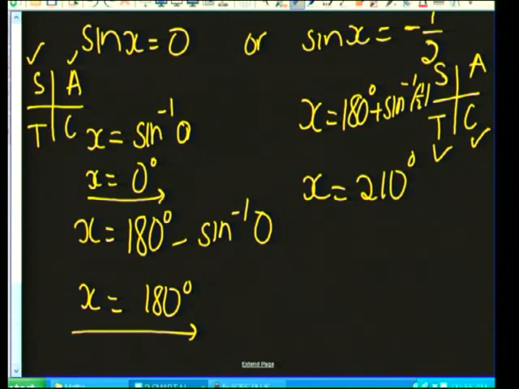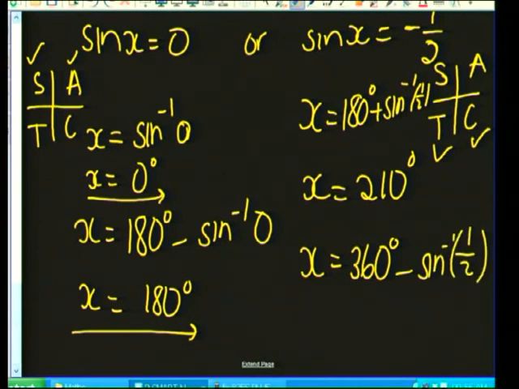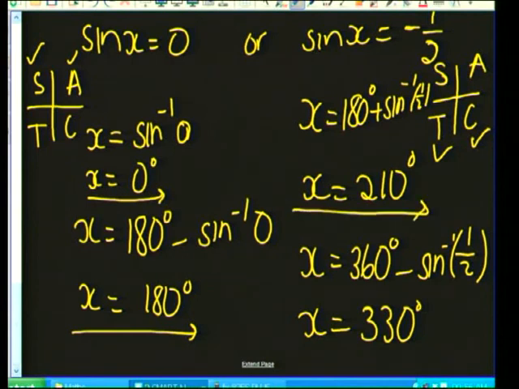And in that quadrant, x is equal to 360 minus the inverse sine of a half, and x there would be 330. Did you notice how I didn't put the negative in there? We don't put the negative in there, and we get our two solutions there and there.